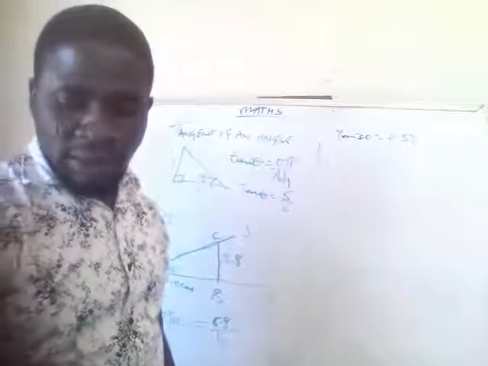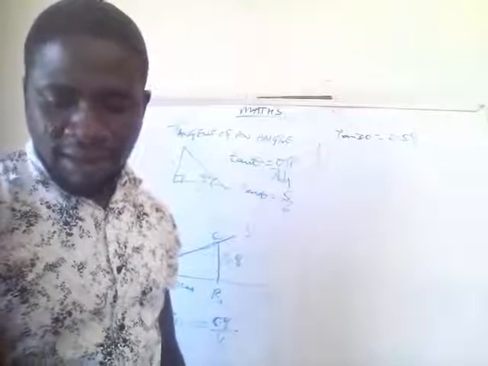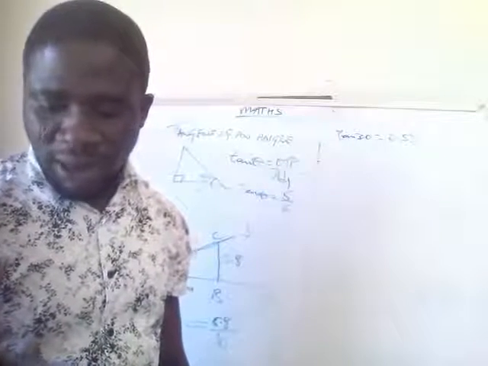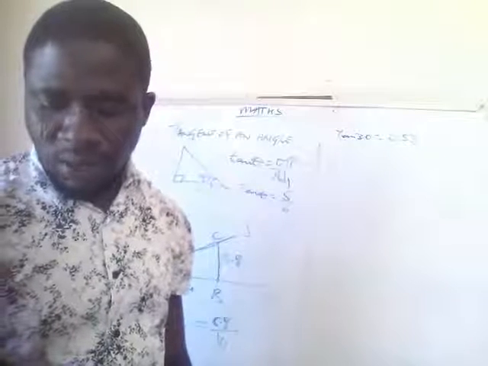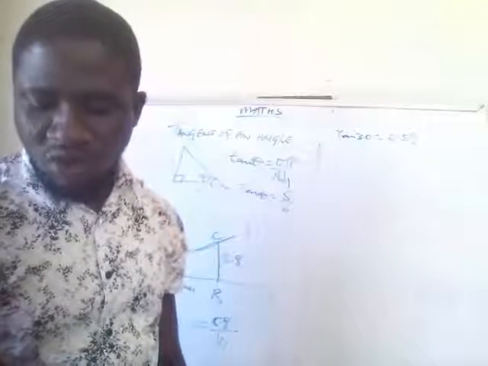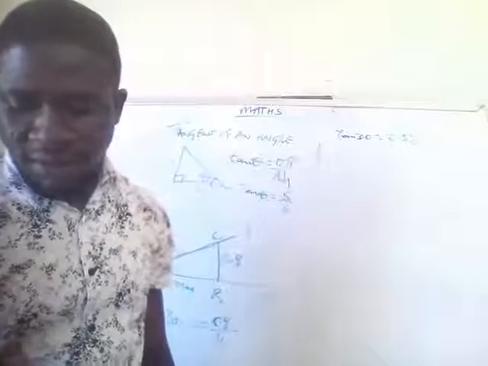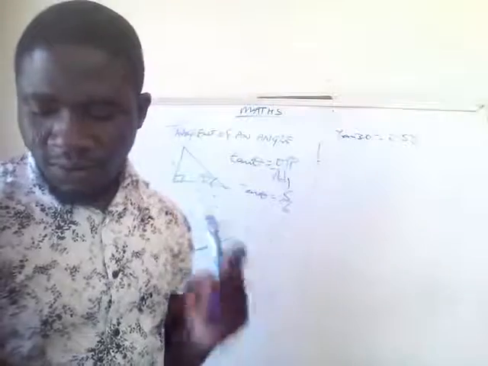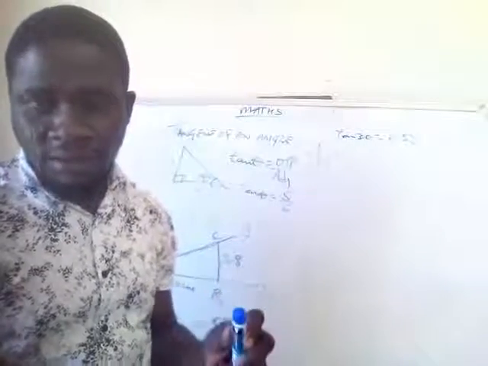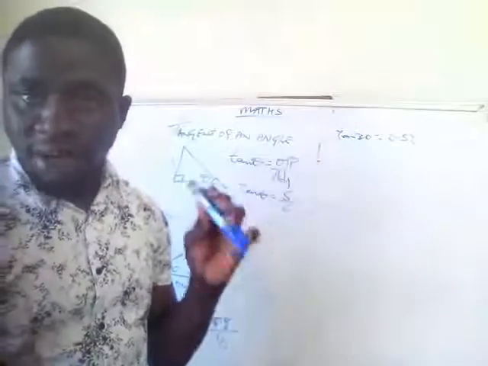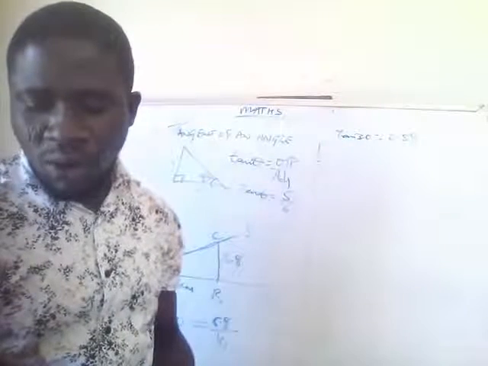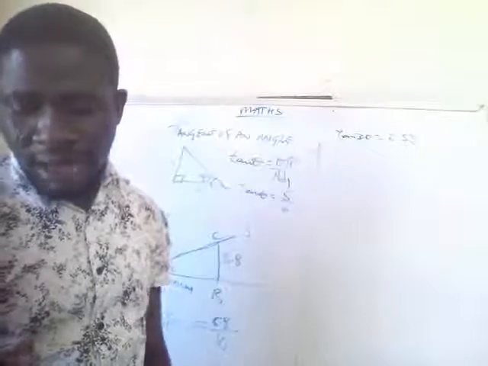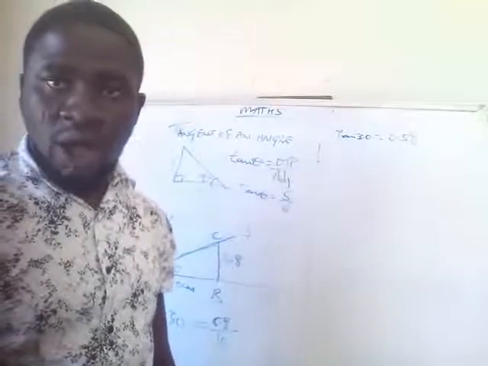You go to exercise 20.1. The question says, by drawing a measurement, find the value of tan 25, 45, and 50.